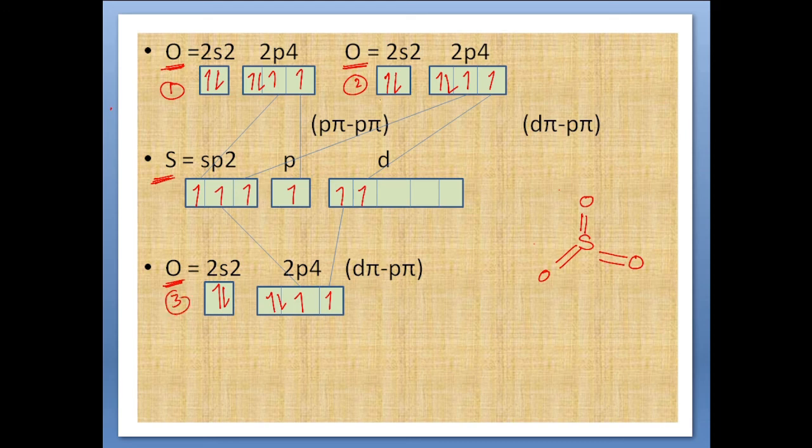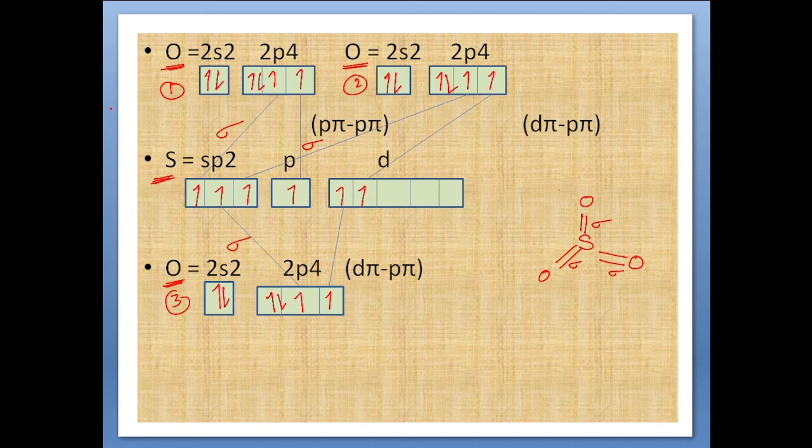In this, the sulfur atom's sp2 hybrid orbitals containing 3 unpaired electrons share with the 3 oxygen atoms to form 3 sigma bonds. See here, this is the first sigma bond, here is the second sigma bond, and here is the third sigma bond. It also shares the remaining 3 electrons with 3 oxygen atoms to form 3 pi bonds.